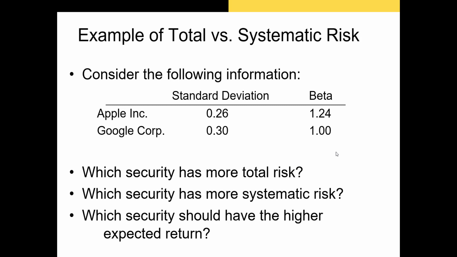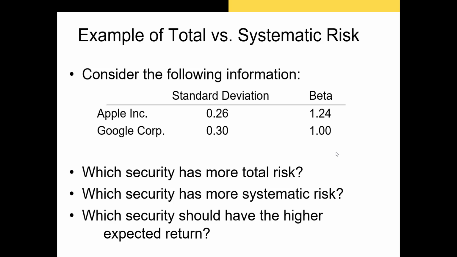Now, let's talk about the relationship between standard deviation and beta using a very quick example. In this example, I have Apple and Google, and I have their standard deviations and their betas. Let's talk about which security has more total risk, more systematic risk, and which one should have the higher expected return. Remember that our measure of total risk of a given stock is always going to be standard deviation.